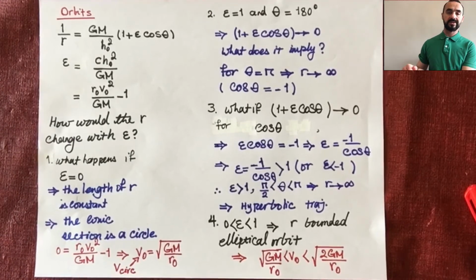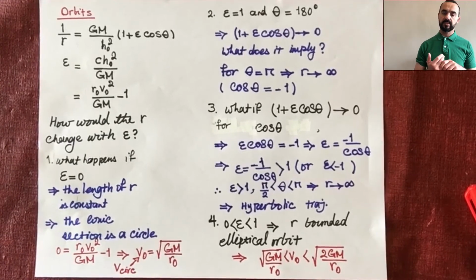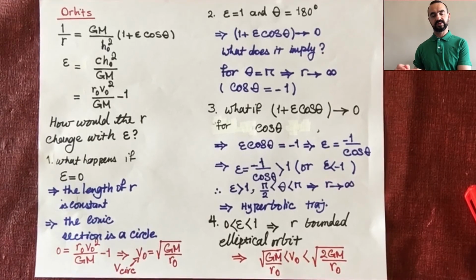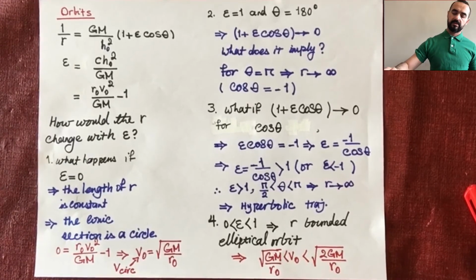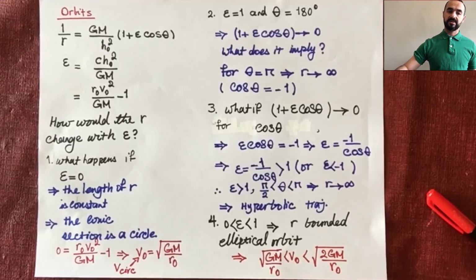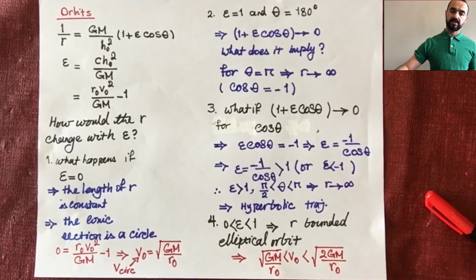To remind you, circular and elliptical orbits are closed orbits, and then we have parabolic and hyperbolic trajectories. You can show that this velocity is the required escape velocity to have a parabolic trajectory.